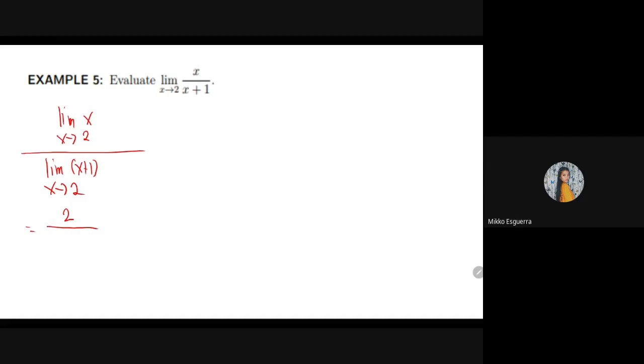Then in the denominator, the limit of x plus 1 as x approaches 2 will be the limit of x as x approaches 2 plus the limit of 1 as x approaches 2. So this is 2 all over the limit of x as x approaches 2, which is equal to 2, and then the limit of 1 as x approaches 2 is equal to 1. So this is 2 all over 3. Division rule.